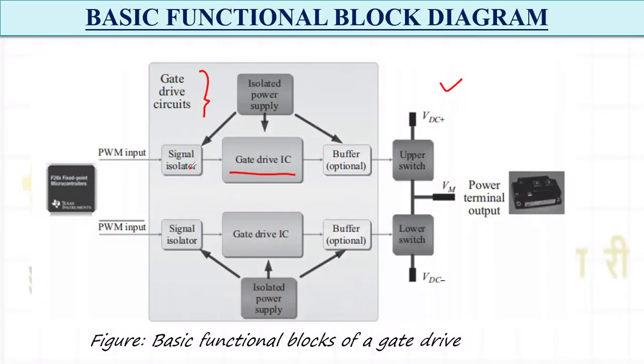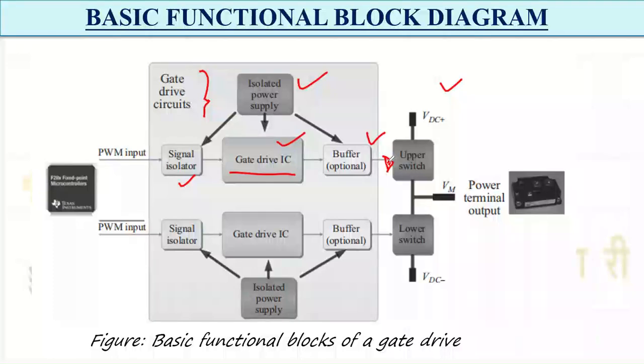So what are those parts? A signal isolator is there, then an isolated power supply, then my gate driver IC, and a buffer, which is the optional part. All these things are there in the gate drive circuit, and then the pulses are generated and given to my switches.